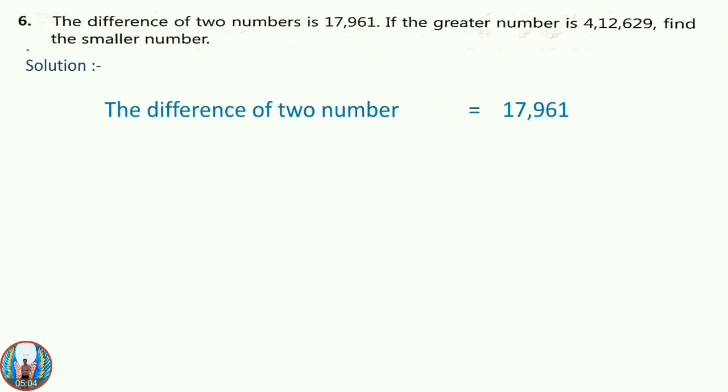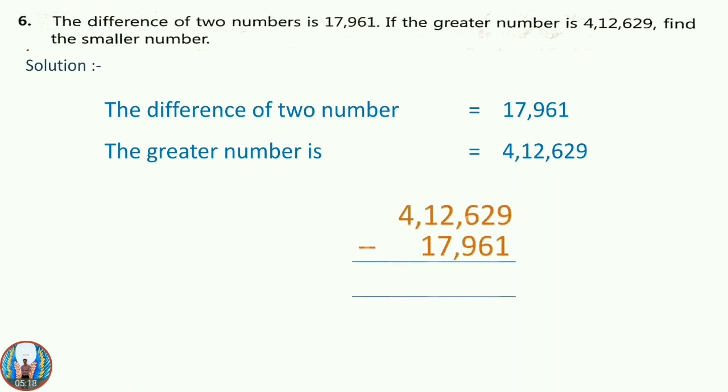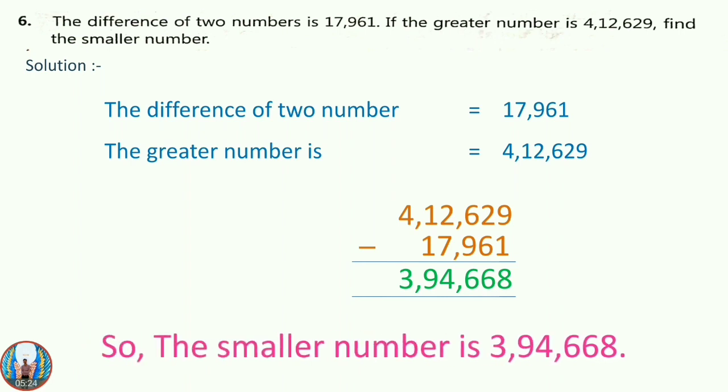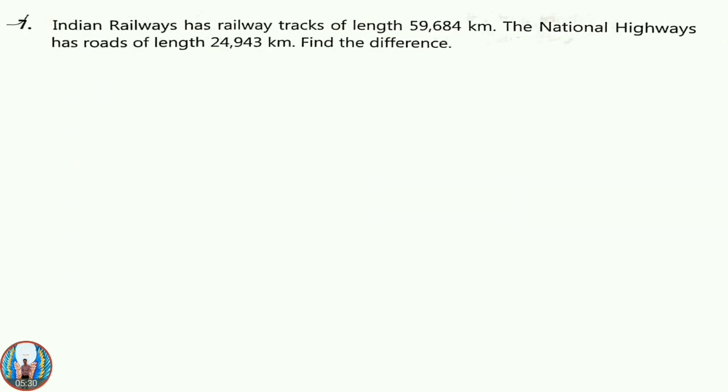The difference of two numbers is 17,961. The greater number is 4,12,629. So we subtract the difference from the bigger number. So the answer is 3,94,668. So the smaller number is 3,94,668.